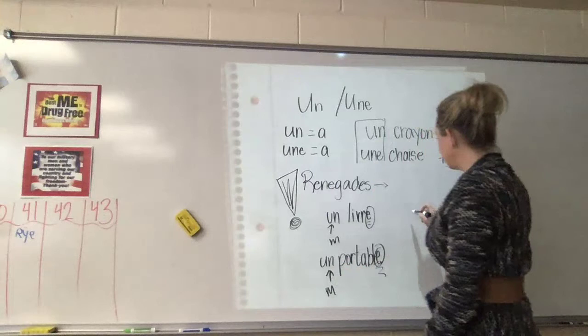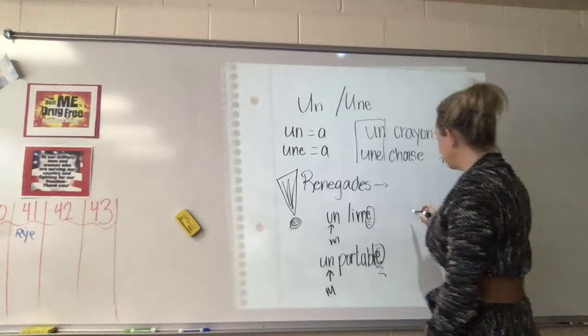Oui? Now, before you take your notes, I just want to show you something that you can guess based on everything I just told you. If you see a word and you don't know it, now there are renegades. You're not expected to know the renegades. You learn those as you go. If you see a word that you don't know, you're going to make a guess.